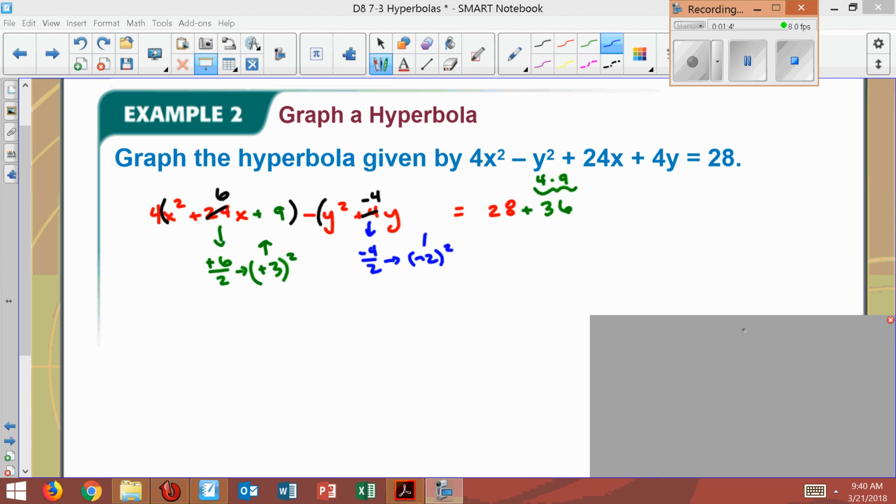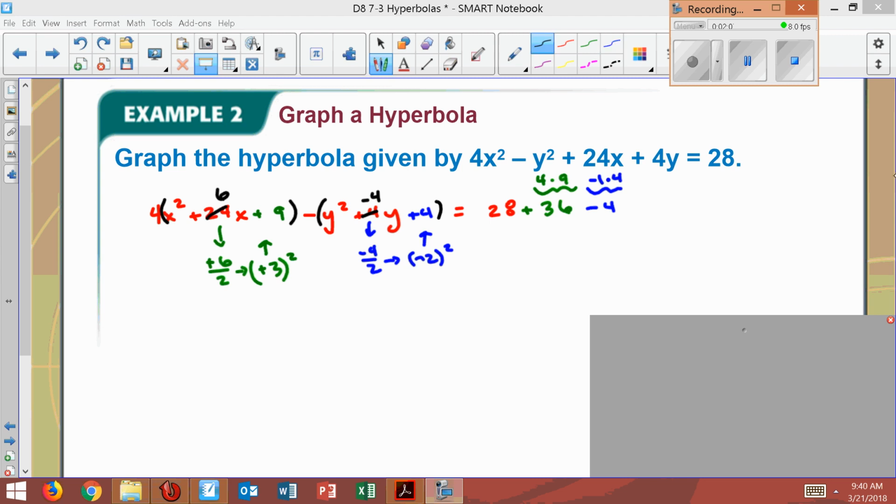I square that. Negative 2 squared is positive 4, which doesn't make much of a difference until you realize I need to distribute this negative through. So instead of it being a positive 4, it becomes a negative 4 over here. That's because it'll be negative 1 times 4. That's where I got that from.